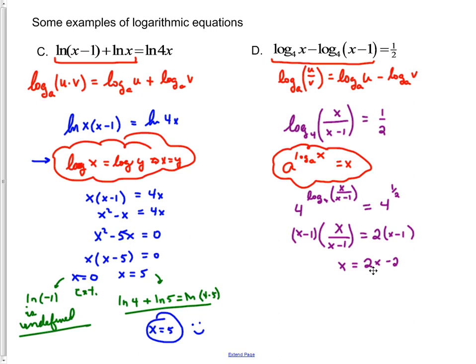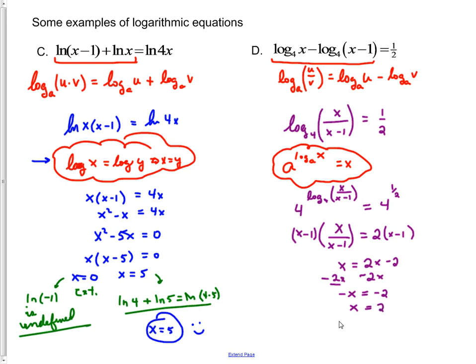And now what we're going to do is solve for x right here by subtracting 2x from both sides. So if I subtract 2x over here, if I subtract 2x over here, I find that I get negative x is equal to negative 2. And so that should imply that x equals 2.